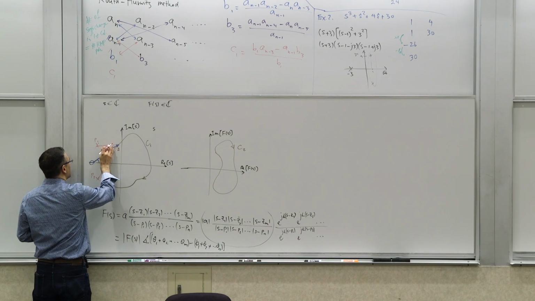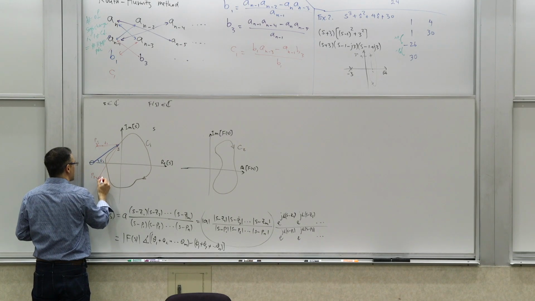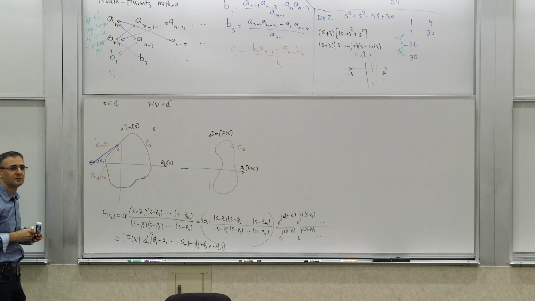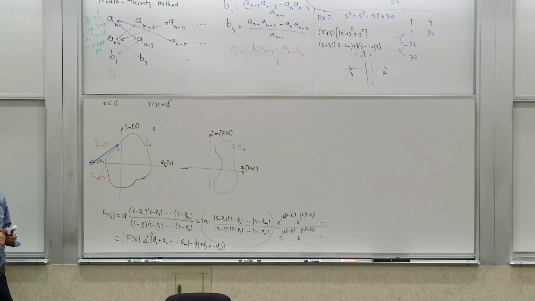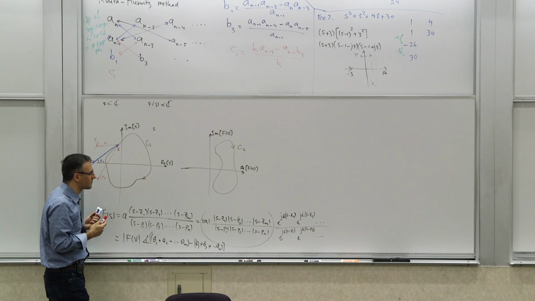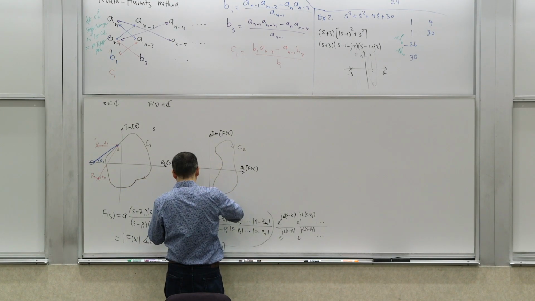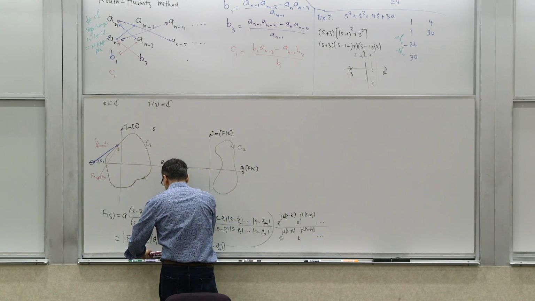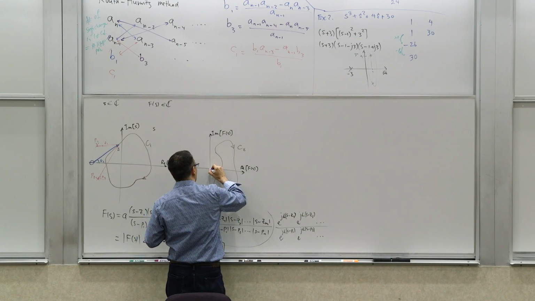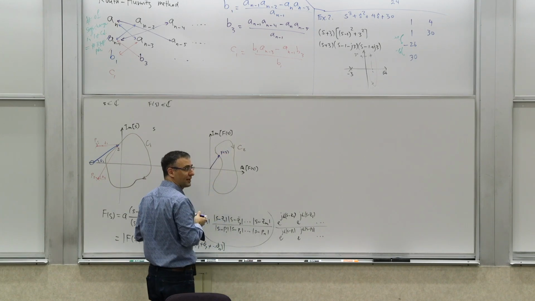So this is, for example, phi 1, and this is phi 2. Agreed? So do you agree that the total phase angle, that the f, so this is, for example, vector f of s. So this is f of s for any given s.